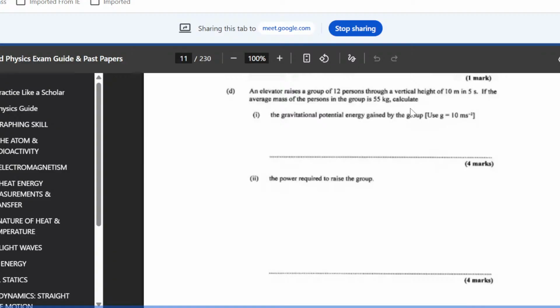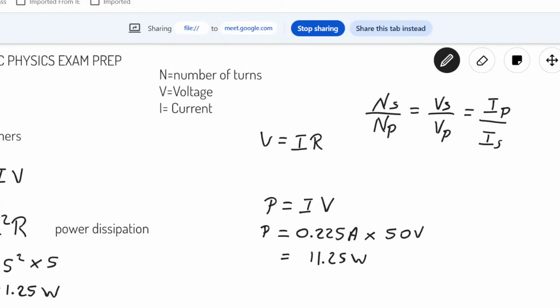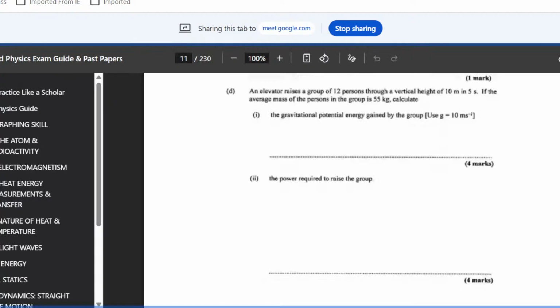Somebody do the math on that. mgh, g is 10, so what's the energy? So 55 times 12 times 10 times 10.